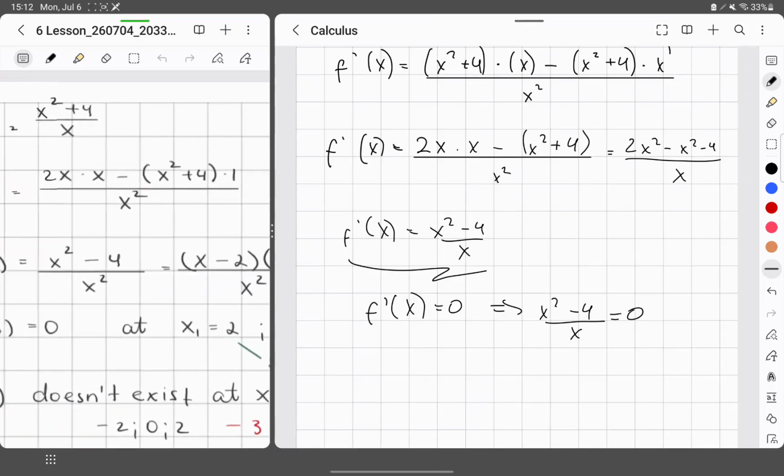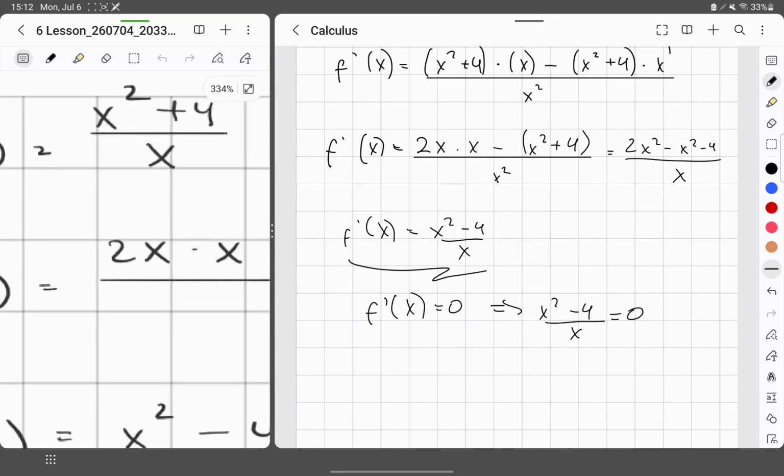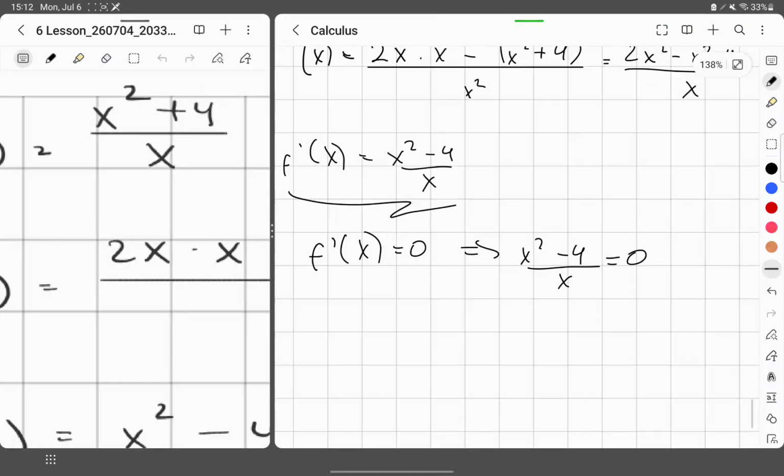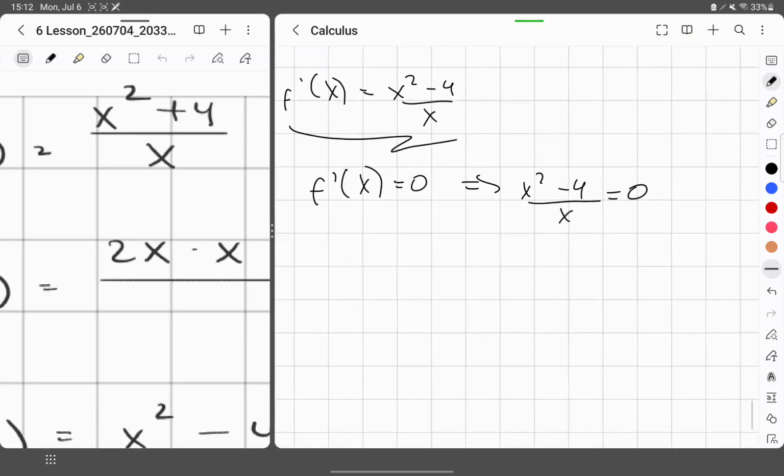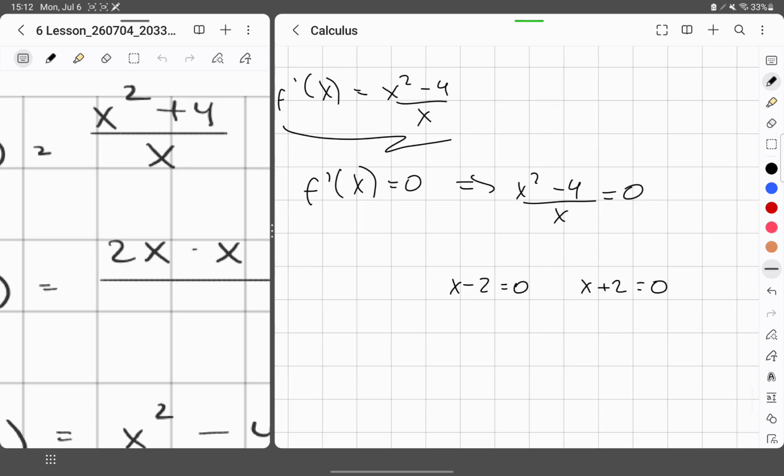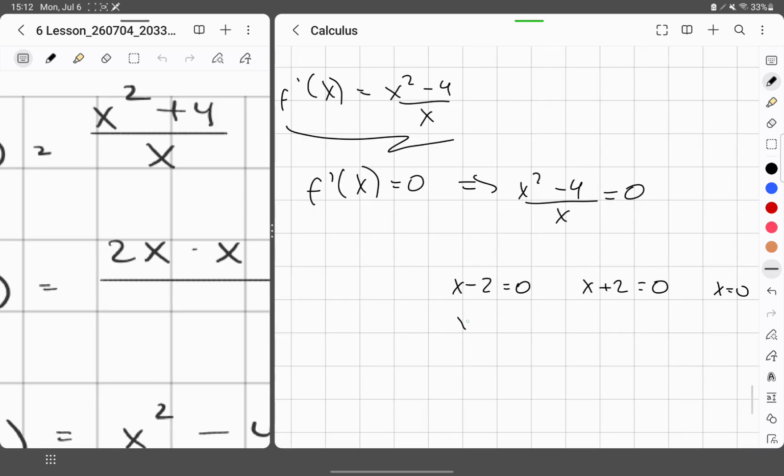Basically, we know that x minus 2 is 0, x plus 2 is 0, and x equals 0. So x is 2, negative 2, and 0.